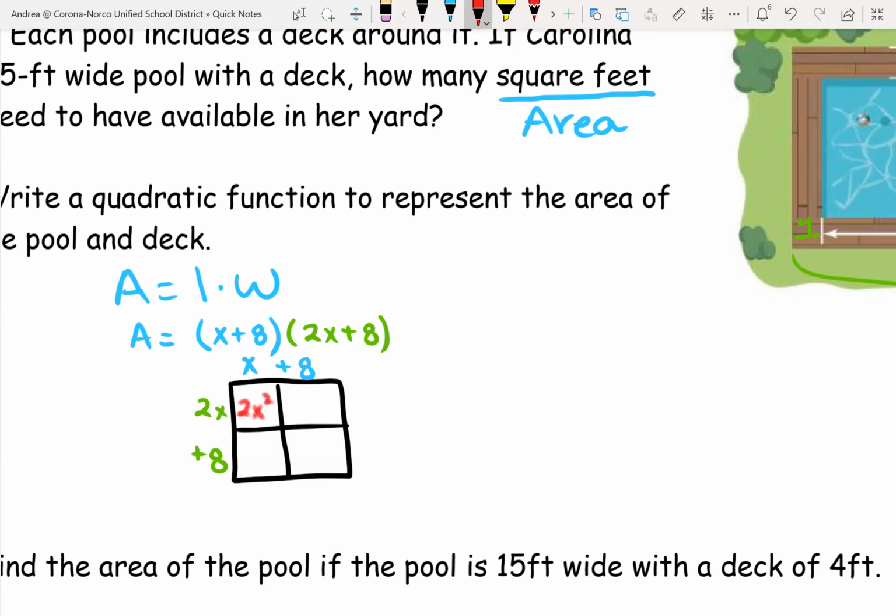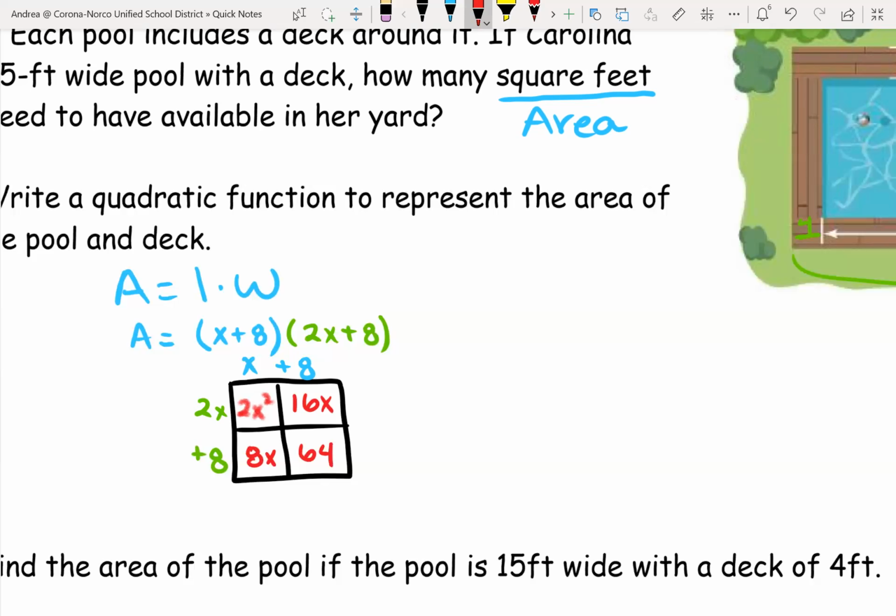Then 8 times 2x is 16x. Then x times 8 is 8x. And 8 times 8 is 64. I almost said 16, not 64.